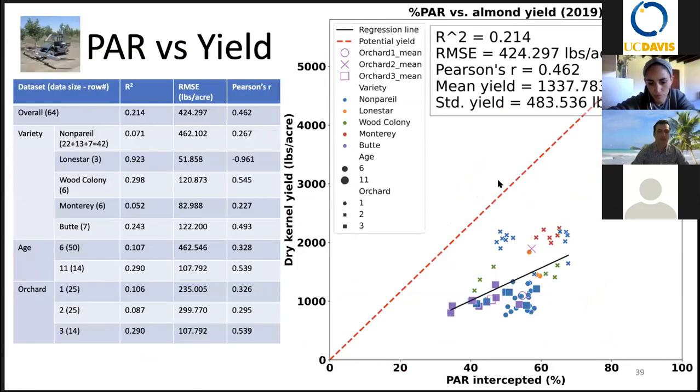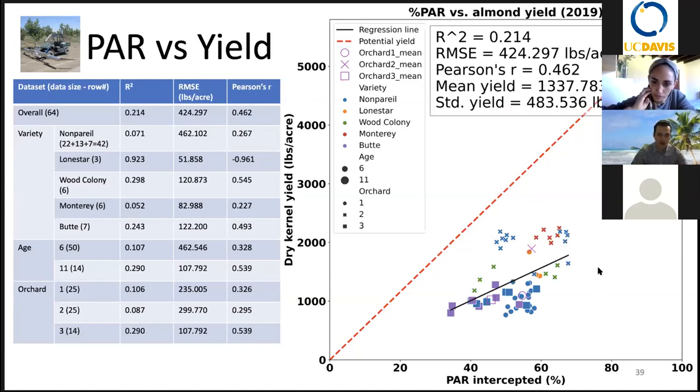And let's look at individual graphs separately. So this is PAR, or canopy light interception, with yield, and as I said, the best R-square is 0.214. And here is the optimum orchard.